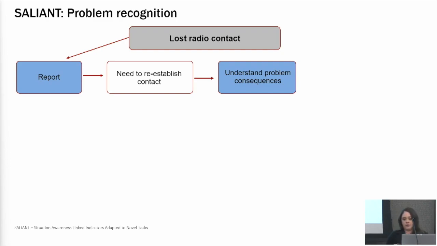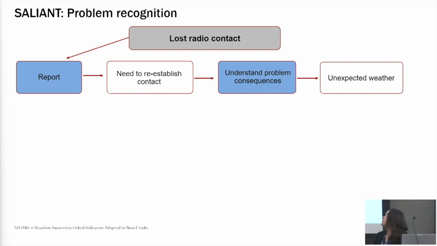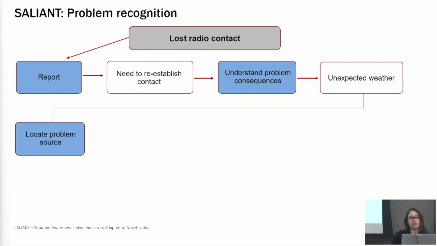If we then see that the team has collectively talked about it, decided that perhaps that lost radio contact could be due to unexpected weather, in other words, they have proposed a potential source for this problem, locating the problem source would be another one of these behavioral indicators that we would record.